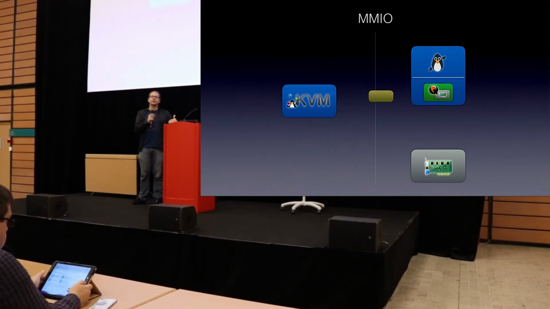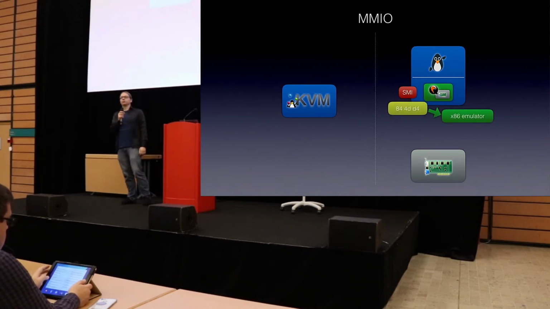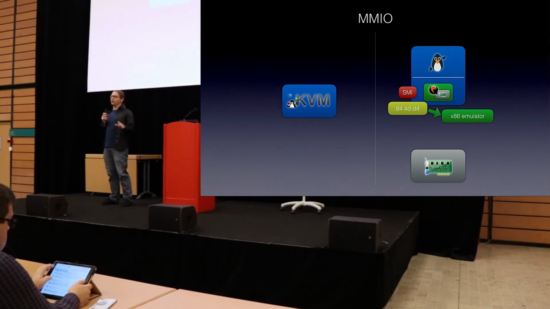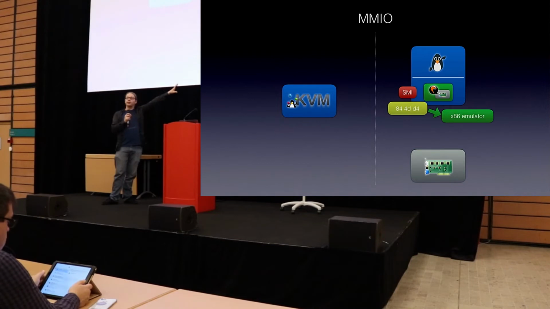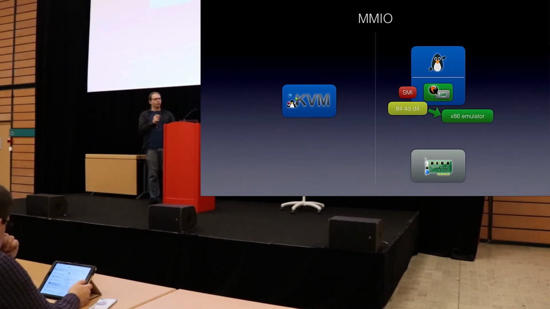So we can still inject that SMI into the guest, but now there's an additional piece of code that we need to run, called an x86 emulator, which usually lives inside of KVM. Using that technique, we can move it from this really, really privileged world in KVM in the host kernel over into this really, really unprivileged world, inside the guest context in the enclave that we just created. So we take a lot of attack surface and move it all the way into the guest itself.